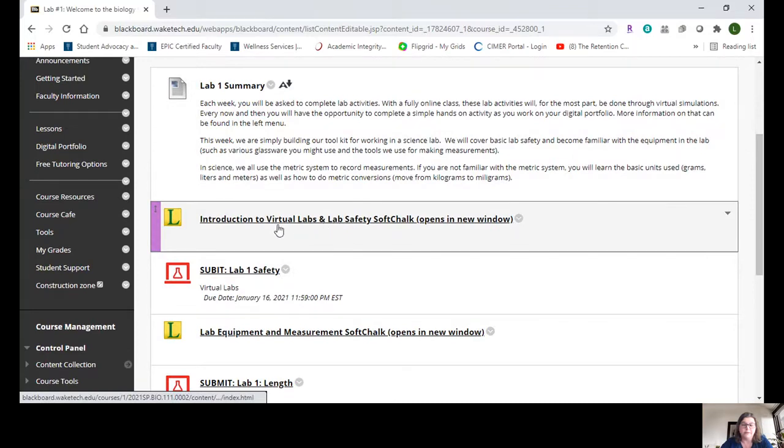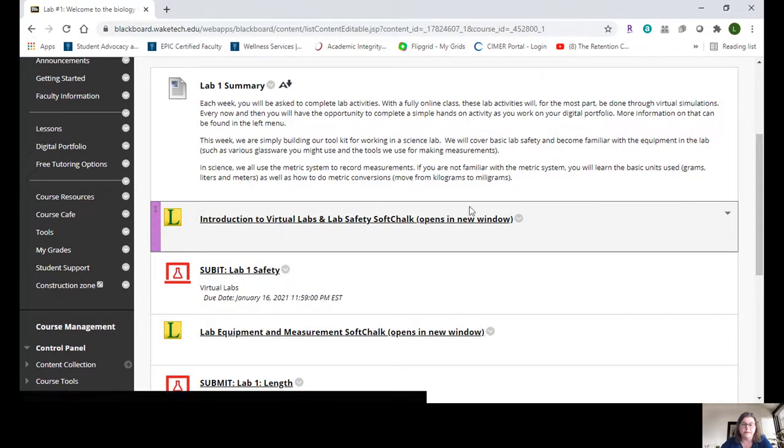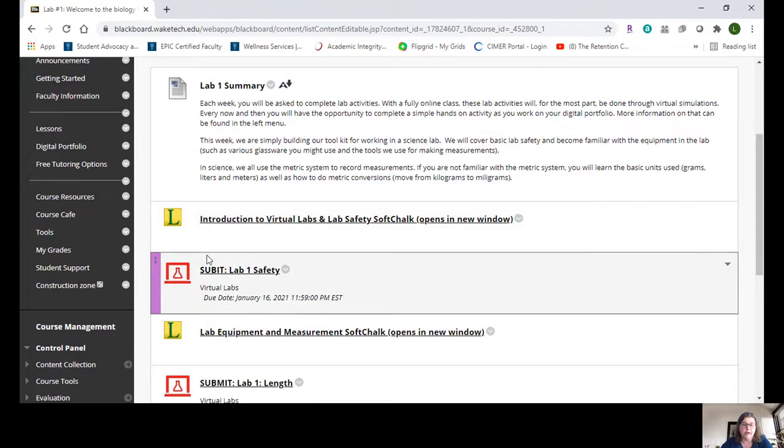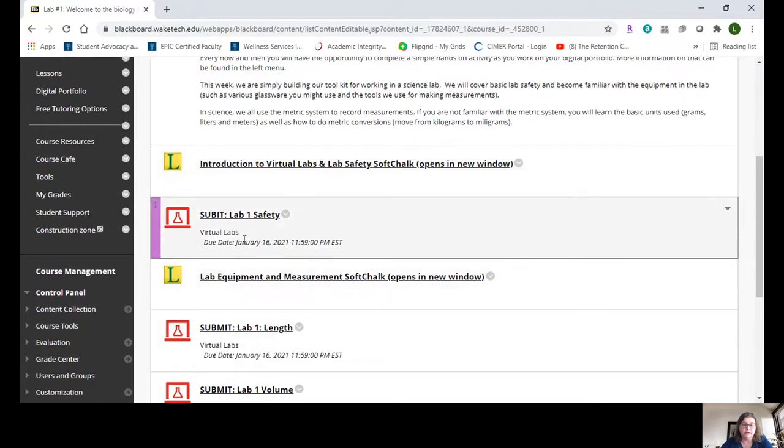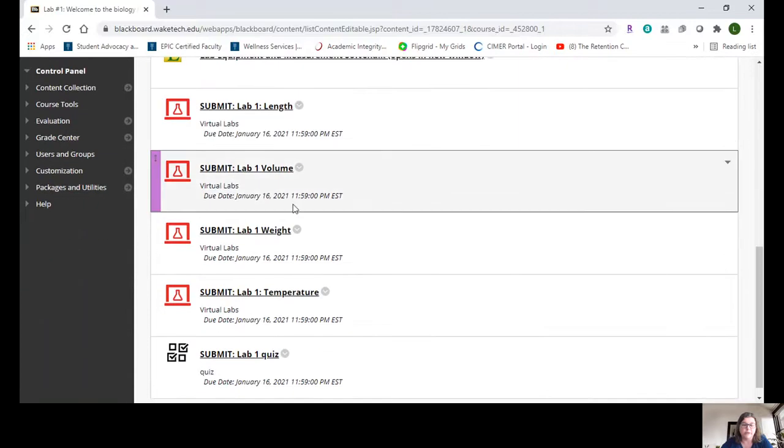I've got some SoftChalk lessons that were developed by a team member for Bio 111, and I've also got their labs. So, for example, the first lab activity is all about safety, and so students will see this and know they need to submit activities about safety.